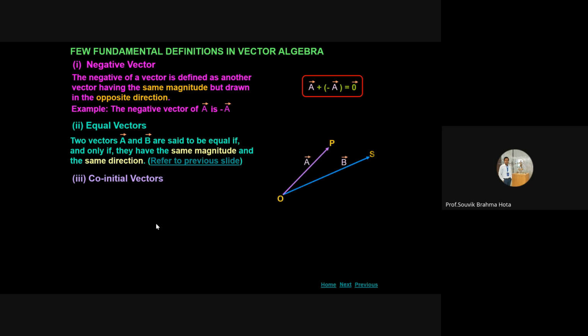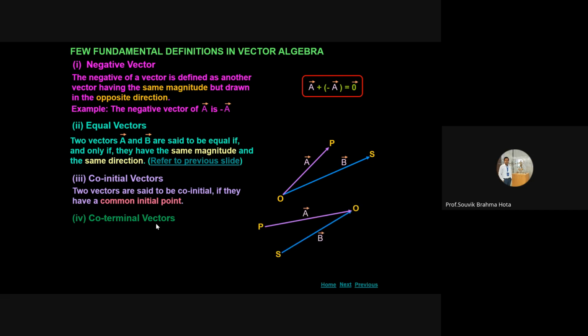Co-initial vector: if the initial point, like O, the origin point of these two vectors A and B are the same, it is known as co-initial vector. Two vectors are said to be co-initial if they have a common initial point. Co-terminal if they have a common terminal point. Like suppose P and S coincide, or maybe the O is getting coincided.